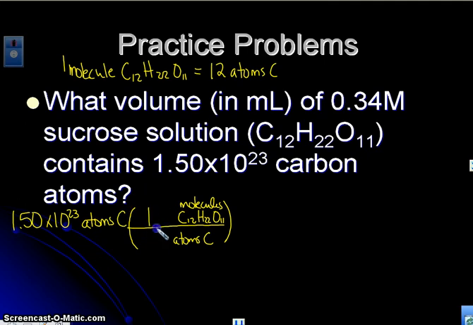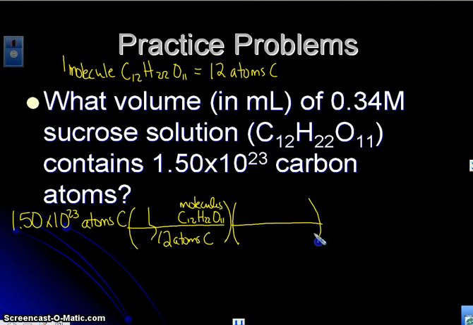And in 1 molecule of sucrose, we have 12 atoms of carbon. Now that we've got our atoms canceled, we have molecules, and we already know how to go from molecules, not straight to volume, but to moles first.